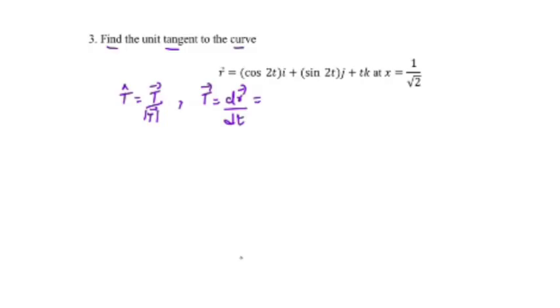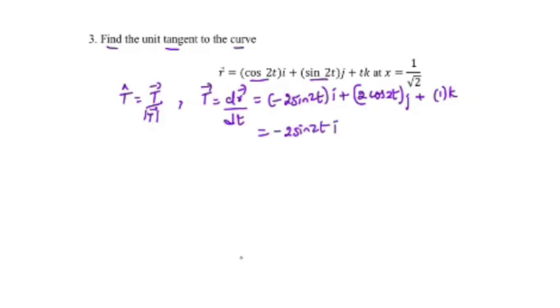So differentiation of cos will be minus 2 sine 2t i, plus differentiation of sine will be 2 cos 2t into j, then plus t will be 1 into k. Then we write this as minus 2 sine 2t i plus 2 cos 2t j plus k. So this is your t vector.